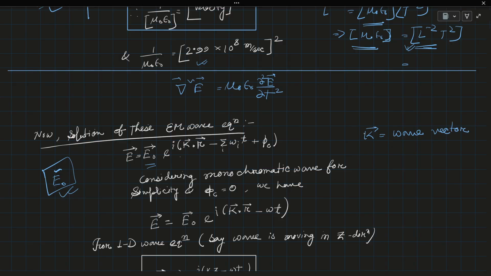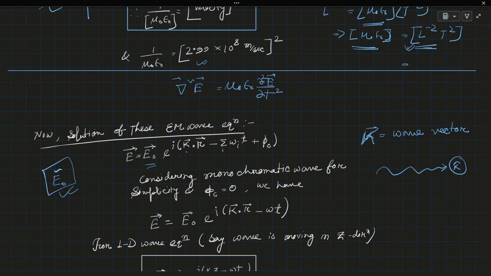This k wave vector is simply the name of the term, but what is its physical meaning? Let's say the wave is moving in a direction. If I consider a unit vector, let's say k cap, then k is the vector which represents in which direction this wave is moving.